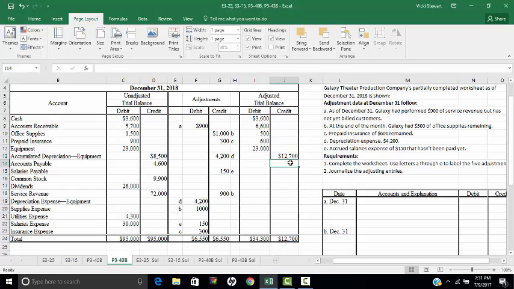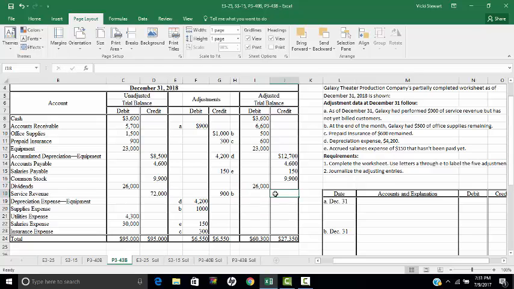Accounts payable had no adjusting entry, so it'll still have a $4,600 credit balance. Salaries payable had no balance to start with, so the balance is just going to be the amount of the adjusting entry, which was a $150 credit. Common stock had no adjusting entry, so we'll bring over that $9,900. Dividends had no adjusting entry, so we'll make that $26,000 debit.